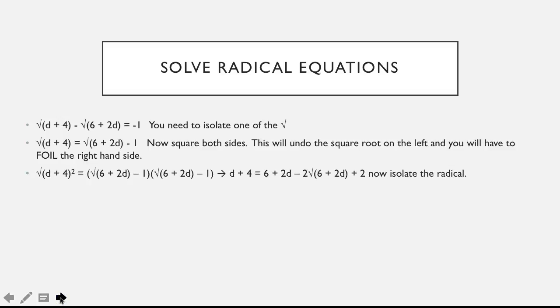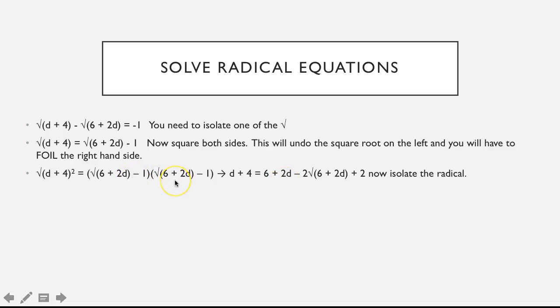So you're going to get the square root of d plus 4, that quantity squared, and you're going to have to multiply the square root of 6 plus 2d minus 1 times the square root of 6 plus 2d minus 1. The square and the square root cancel each other out, leaving you with d plus 4. When you multiply the square root of 6 plus 2d times the square root of 6 plus 2d, you get 6 plus 2d.